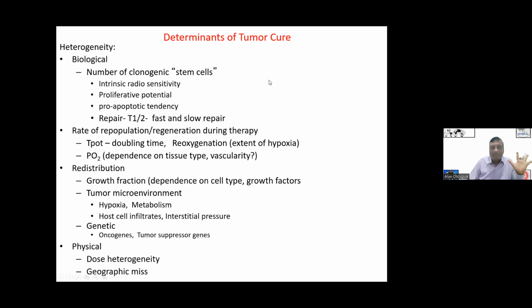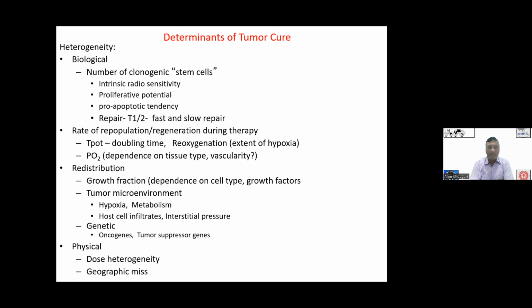Now, just tumor biology. Again, you see there is heterogeneity in a tumor in terms of the number of clonogenic or stem cells. A very important thing in cancer treatment is that it is not the size of the tumor, it is the number of clonogenic cells in the tumor.